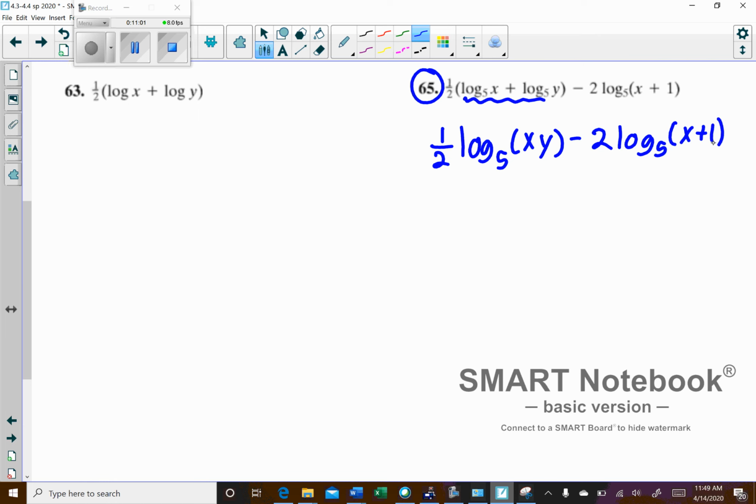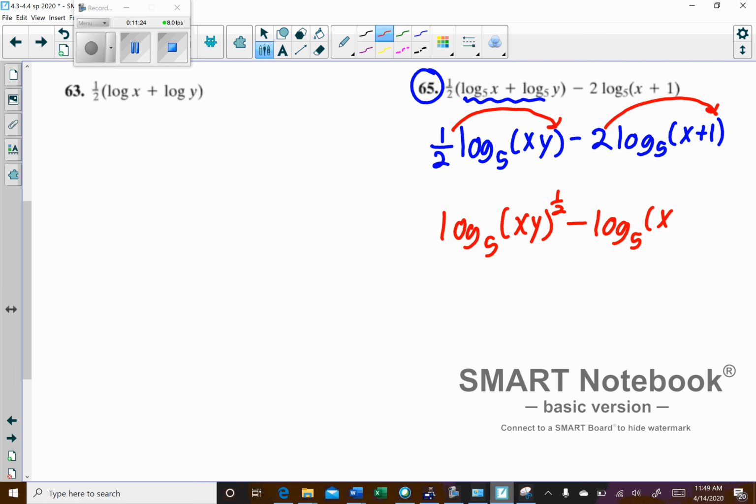Okay, so then next would be exponents. And so we can move these exponents back where they go. So we're going to have log base 5 of xy raised to the 1/2 power, and then minus log base 5 of x plus 1 raised to the power of 2.